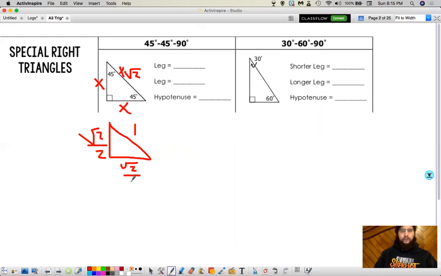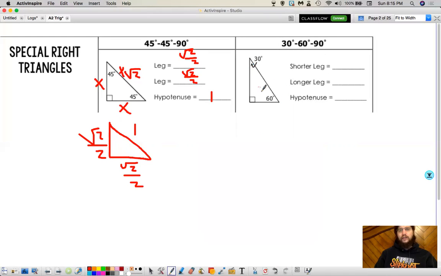And that's what we're going to use. Reason being, what's the denominator on sine and cosine? Hypotenuse, right? So if we have the hypotenuse as 1, it makes these easier to use. But again, don't need to worry about it if you have a calculator that does it for you.